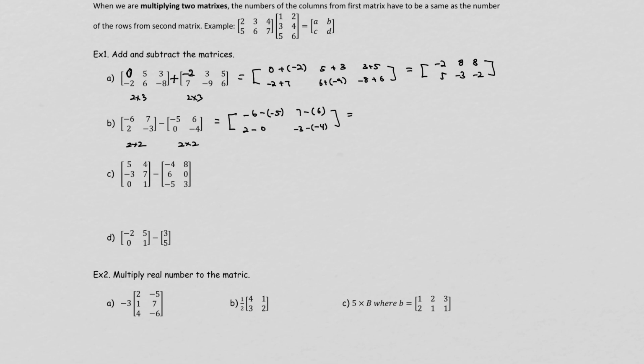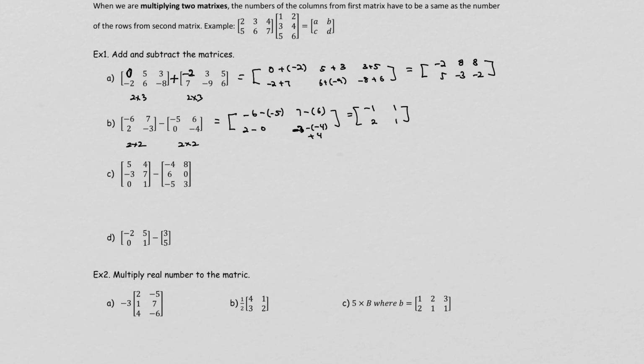This will give you negative 1, 1, and 2, and 1, right? Negative 3 plus 4 is giving you 1. So you will end up getting this solution matrix.